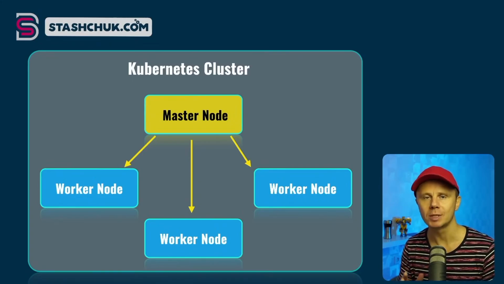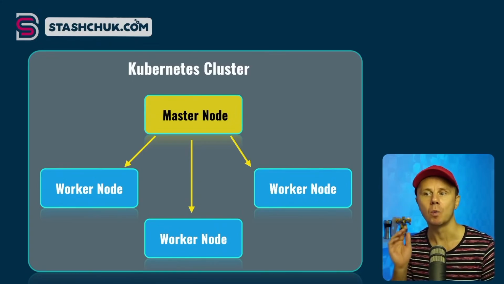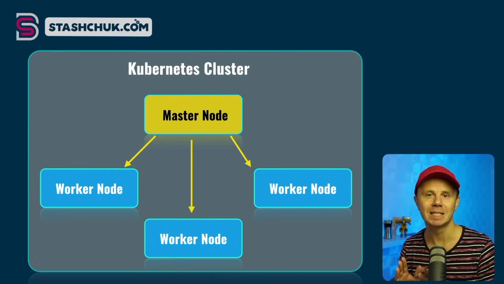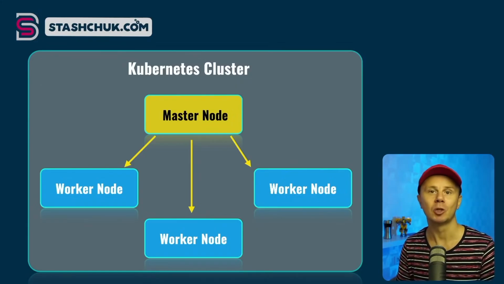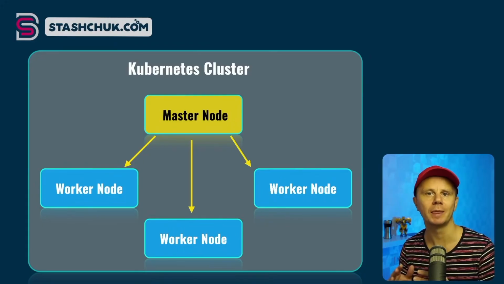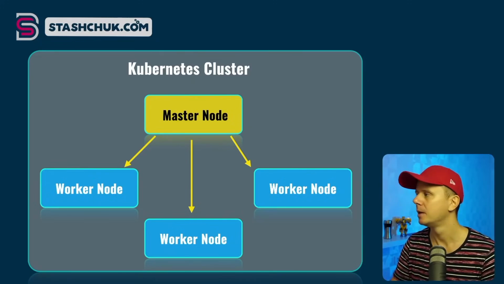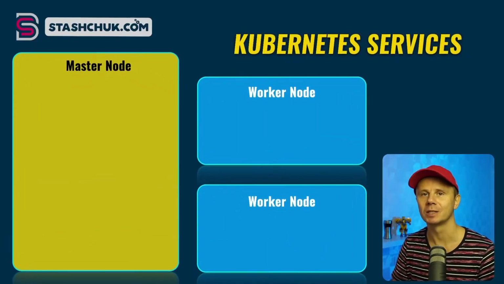And all pods which are related to your applications are deployed on worker nodes. Master node runs only system pods, which are responsible for the actual work of the Kubernetes cluster in general. We could also say that the master node in the Kubernetes cluster is actually the control plane, and it does not run your client applications.